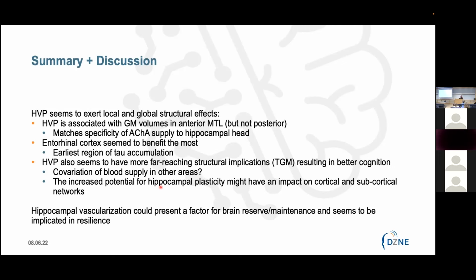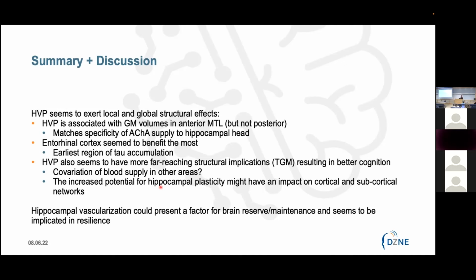Then on the more global level, there seem to be more far-reaching implications. The total gray matter is also increased in augmented supply individuals, which then produces better cognition. There are two hypotheses here: either the vascularization in other brain areas co-varies with the hippocampal blood supply, or the increased potential for hippocampal plasticity might have an effect on cortical and subcortical networks.